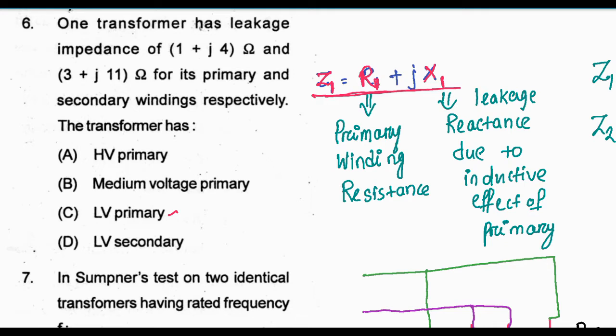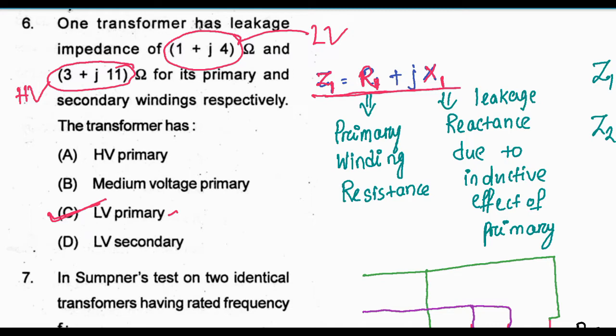So we can say that this one is for HV, and this one is for LV, low voltage. So the secondary is high voltage and the primary is low voltage. So option C is the correct answer, low voltage primary.